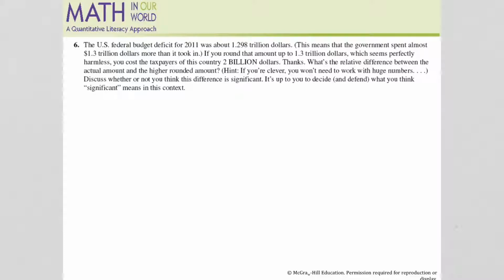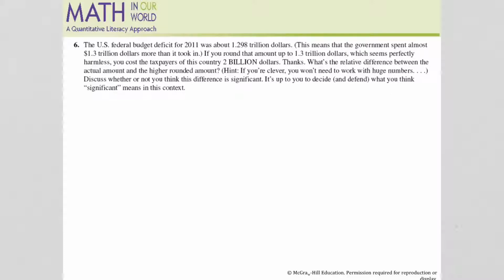The U.S. federal budget deficit for 2011 was about $1.298 trillion. This means that the government spent almost $1.3 trillion more than it took in. If you round that up to 1.3 trillion, which seems perfectly harmless, you're actually looking at a difference of $2 billion where you've rounded that up.